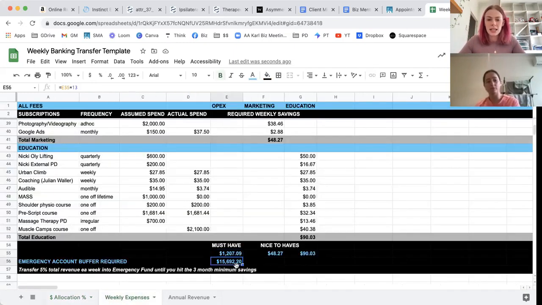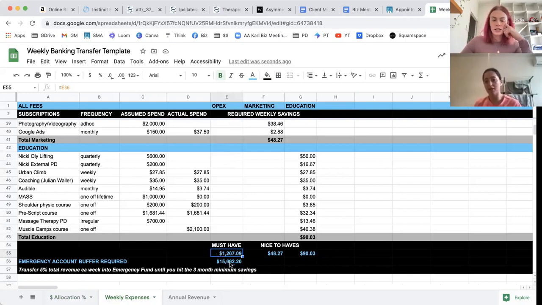So the emergency account buffer, this is just a general business rule, is having 3 months minimum operating expenses. So this 15,500 you can see is just E55, which is this number, times 13, which is a quarter. Okay.